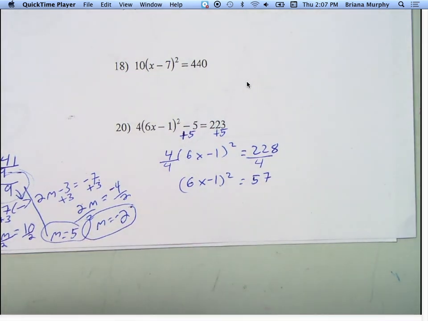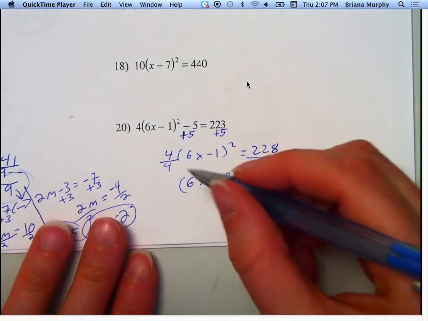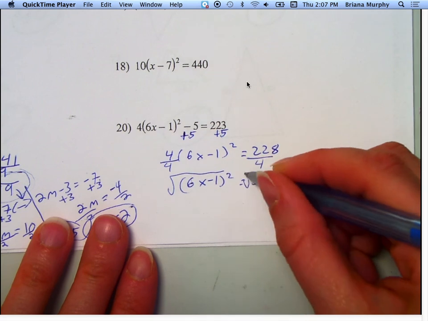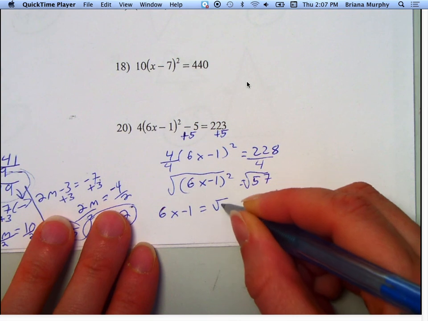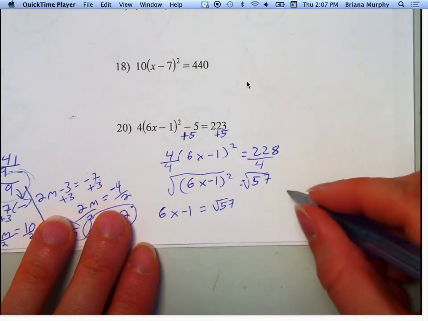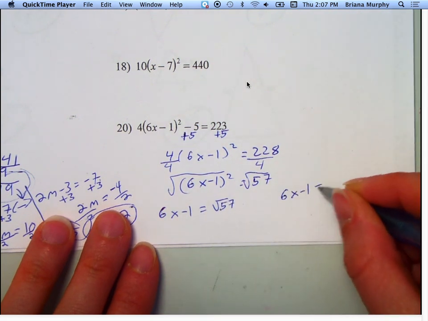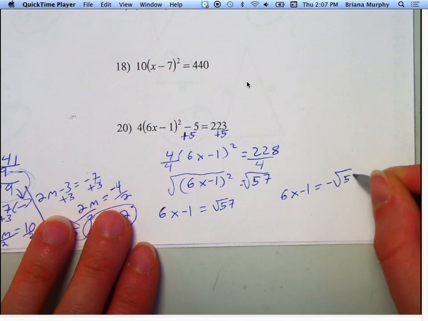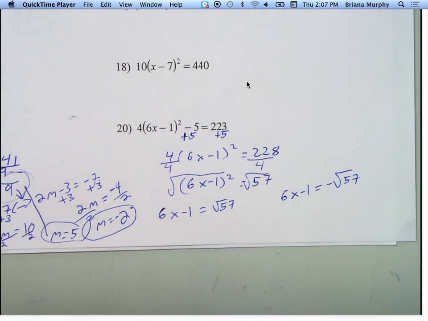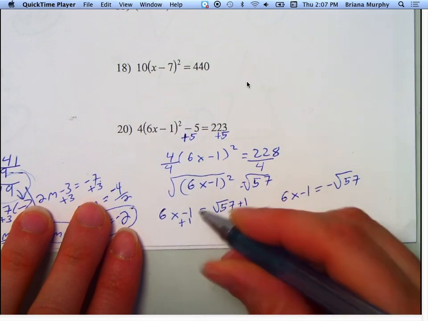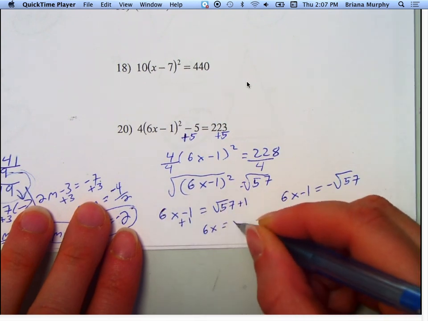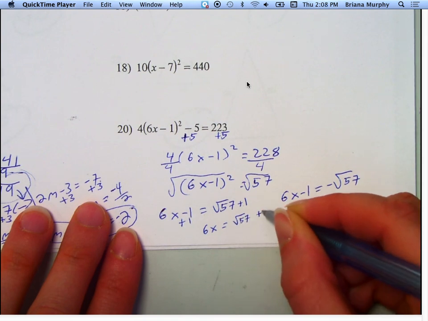Okay, am I going to square root now? Remember, you're going to get a positive and a negative answer now. So I'm square rooting both sides, and I'm going to get 6x minus 1 equals positive square root 57. And I'm going to get 6x minus 1 equals negative square root 57. Nope, I'm going to add 1. So I get 6x equals square root 57 plus 1.